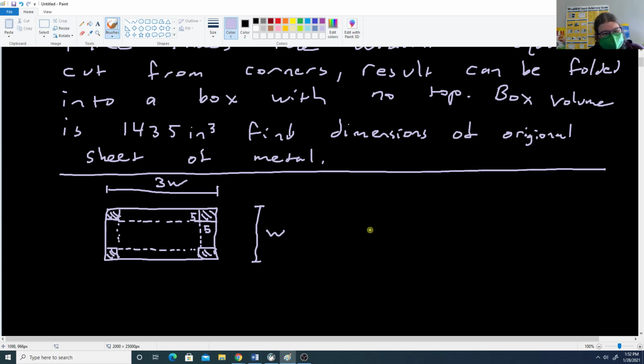So we fold that and we get some sort of box kind of like this that has no top.